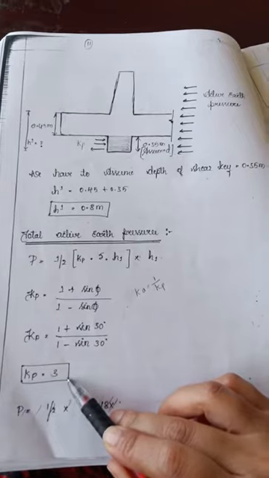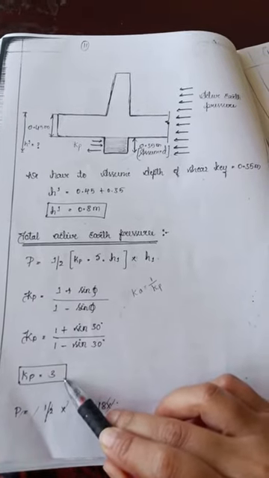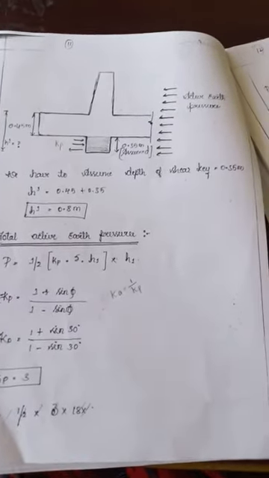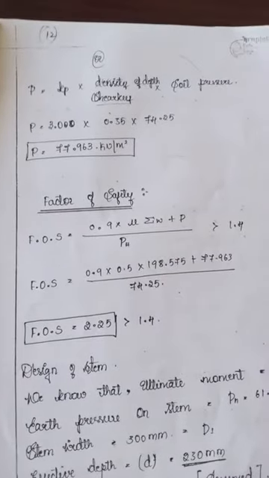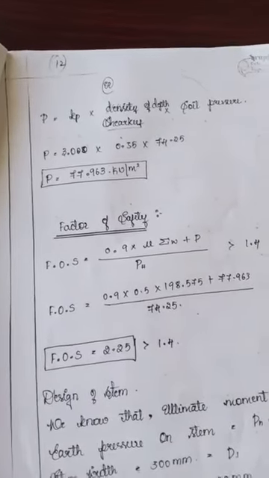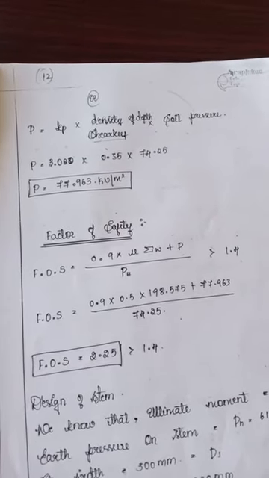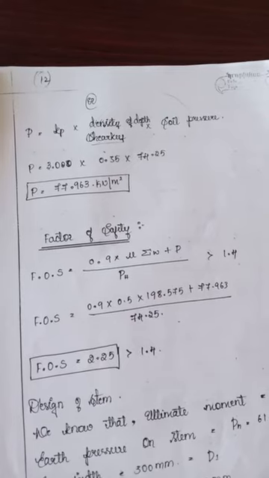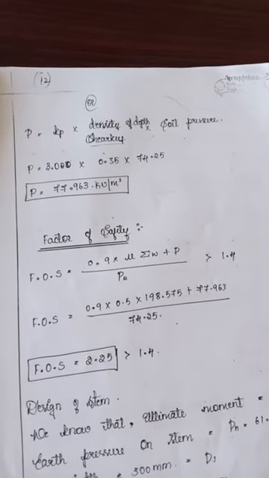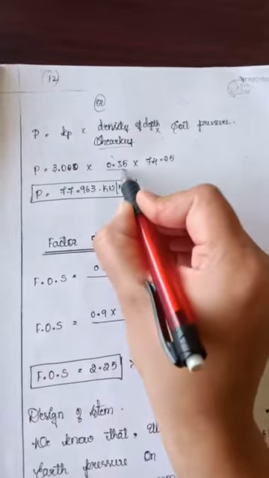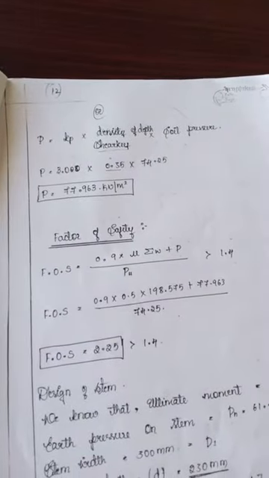After finding the Kp value, now we find the total earth pressure. P is equal to Kp into depth of shear key into soil pressure. Here the Kp value is 3, into the depth of the shear key, only the depth of the shear key, which we have taken as 0.35, into 74.25.